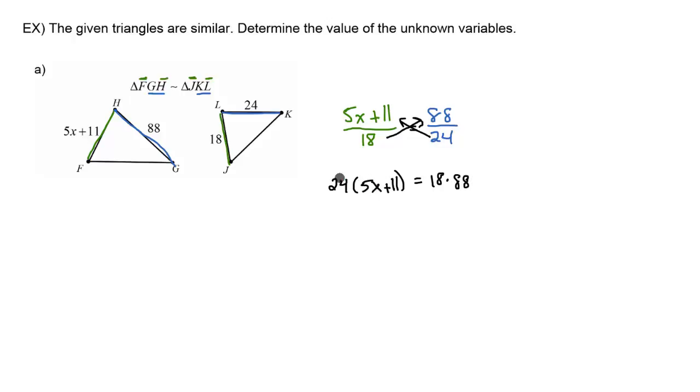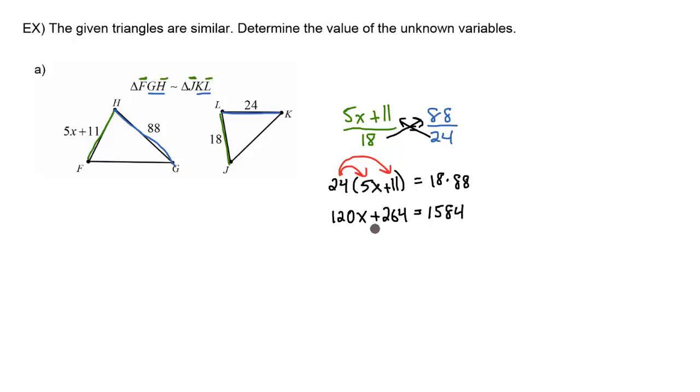I have 24 and I need to multiply that by both of these two terms, so I distribute it. 24 times 5x is 120x, and 24 times 11 is 264. And lastly, 18 times 88 is 1584.